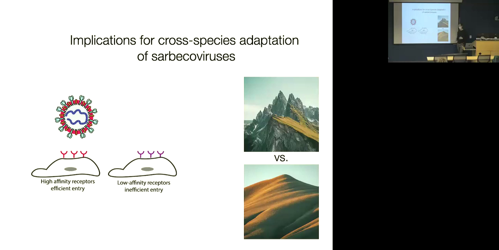So viruses might be able to infect a host and replicate, although not quite as efficiently, and that gives more evolutionary scope for adaptation to use high affinity receptors on that host. So this affects our pandemic risk assessment.